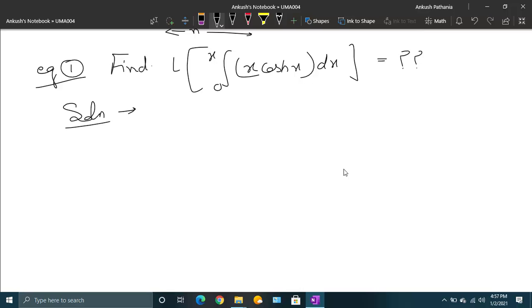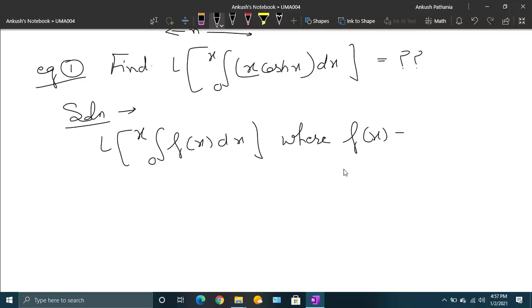This is something like Laplace of the integral from 0 to x of f(x) dx, where f(x) is x cos hyperbolic x.